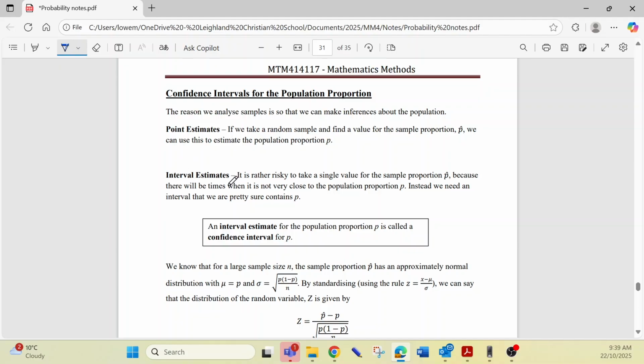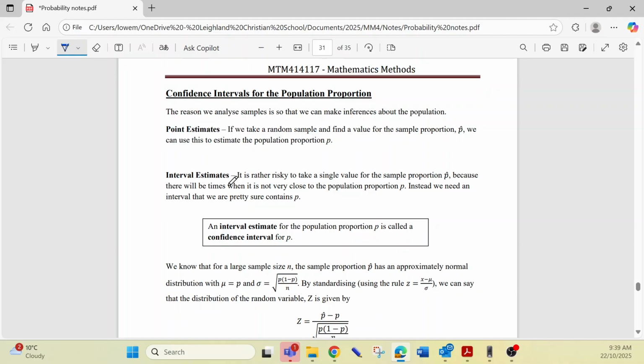An interval estimate, okay, is much more sensible. It's where you are saying the population proportion may fall between these two values, and we have some level of confidence about that. Okay, so that's just where we need a confidence interval.